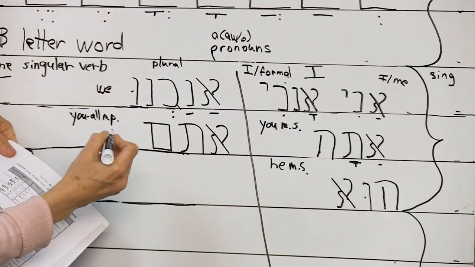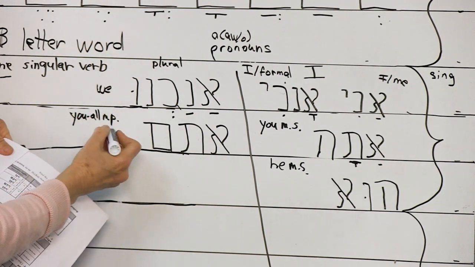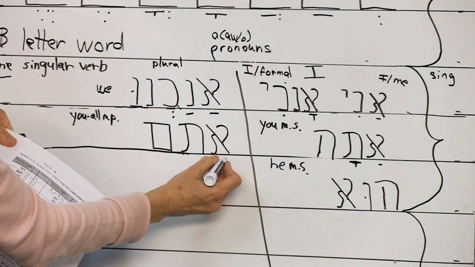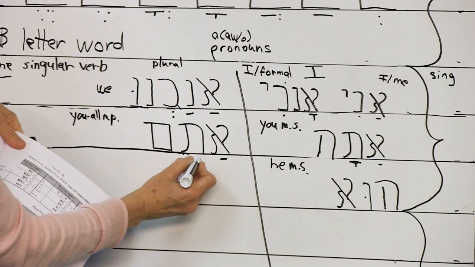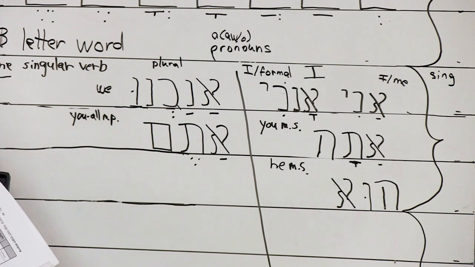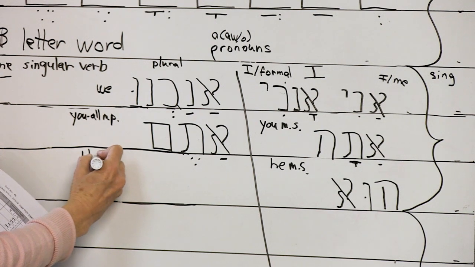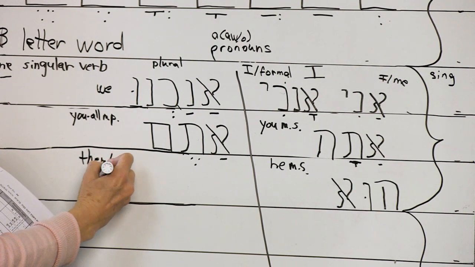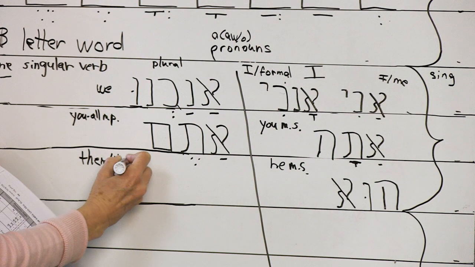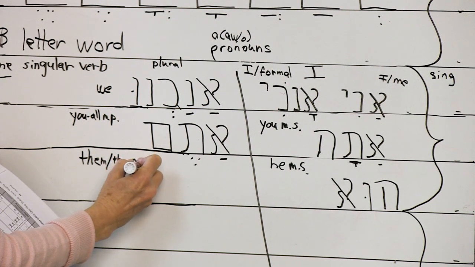No, you all. You all, okay. Yeah, you all, masculine plural. So atem. And them, or they, masculine plural.